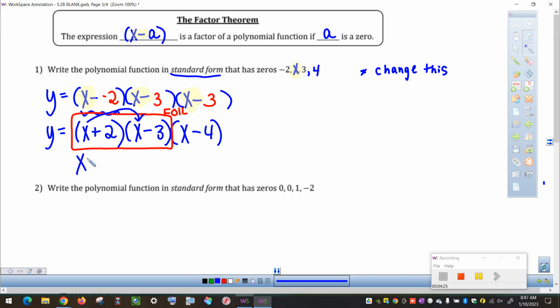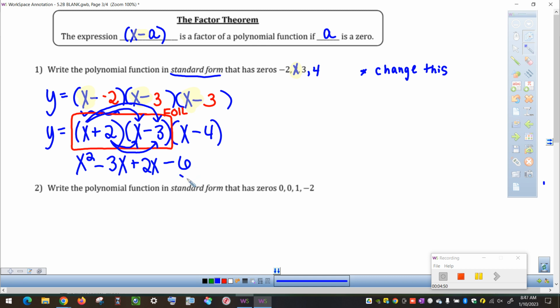Well, x times x is x squared. Then I'm going to multiply the outside terms together, so that's x times -3. The inside terms will be +2 times x. And then the last term times the last term is +2 times -3. That turns into a -6.